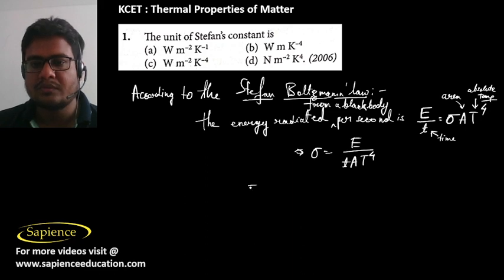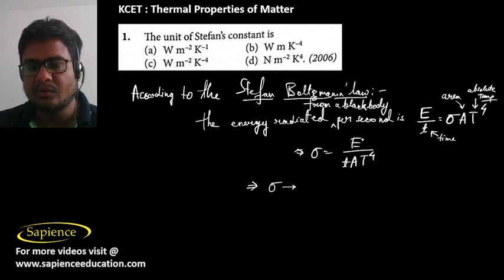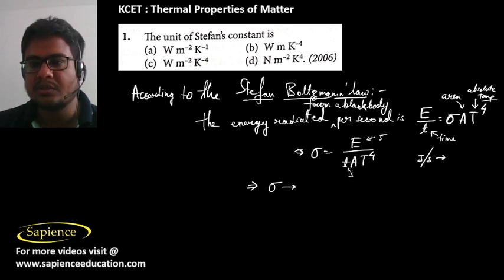Therefore the unit of sigma: the unit of energy is joule and time is second. So joule per second is also called watt.